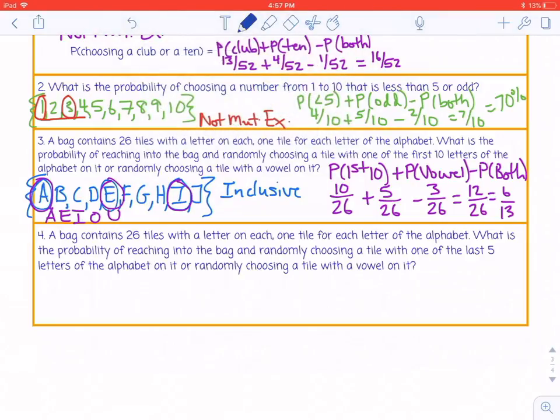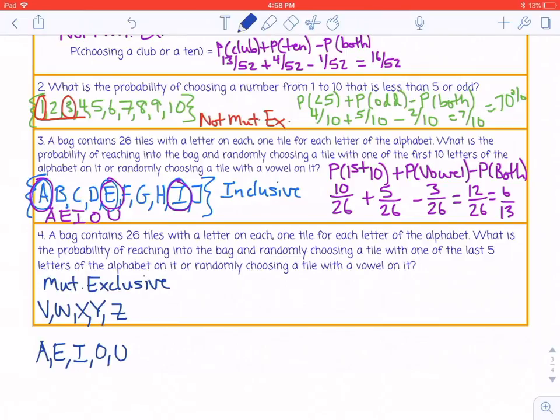So if we have the last 5 letters of the alphabet, it's V, W, X, Y, and Z. So our vowels are A, E, I, O, and U. Notice none of those overlap. So these are going to be mutually exclusive events. They do not happen at the same time, and you can't have a letter that would be both one of the last 5 letters of the alphabet and a vowel.